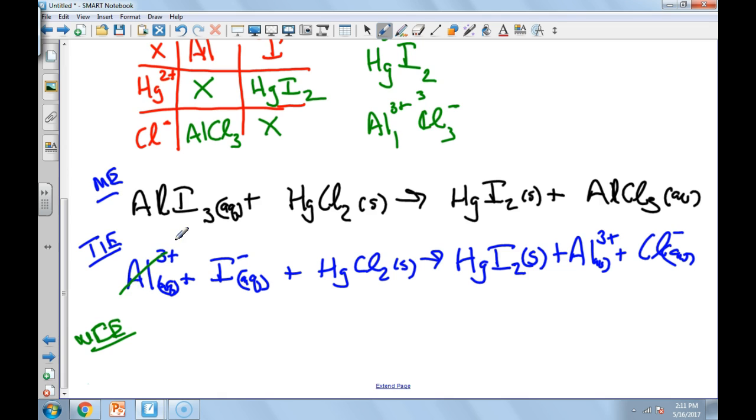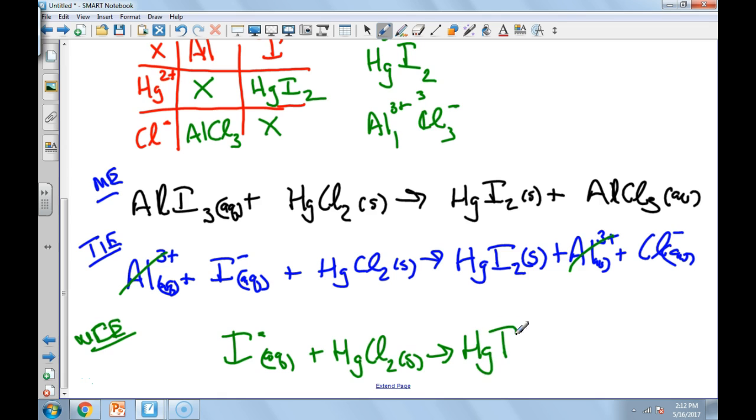So this is aluminum here, and those are the only two things that are the same on both sides. So now we have I minus aqueous plus HgCl2 solid reacts to form HgI2 solid plus Cl minus.